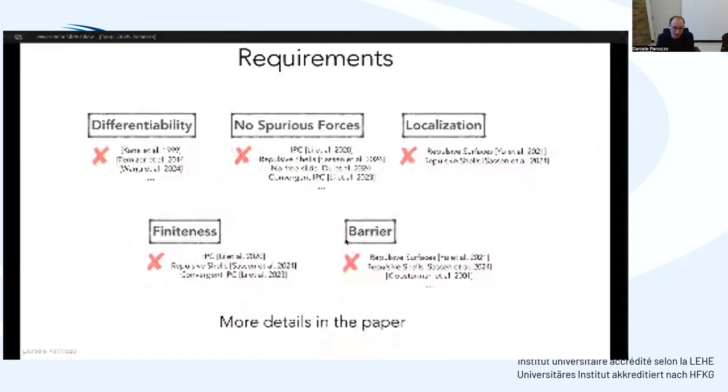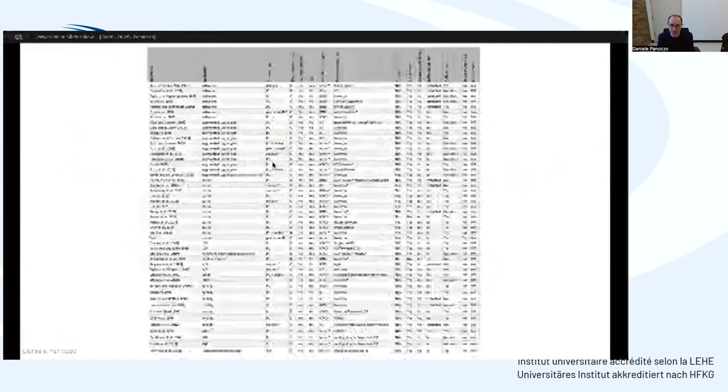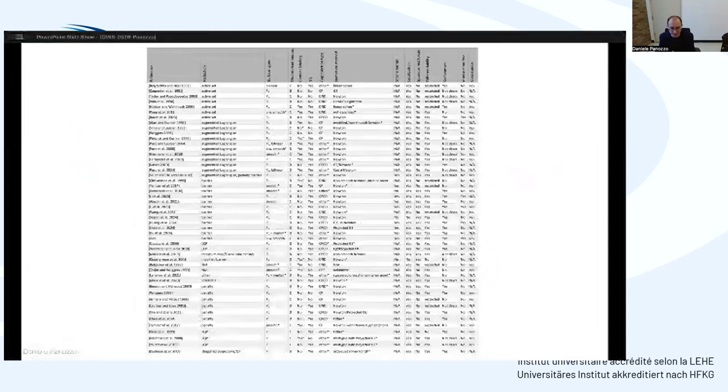And in particular, there is this very large table, I'll just leave it here for a little bit, where we really tried to dig into the entire literature on contact mechanics to figure out if this has been done before or if we could use something that is already there. But unfortunately, for various reasons that are described in a long document attached to this paper, we could not use any of these existing proposals.